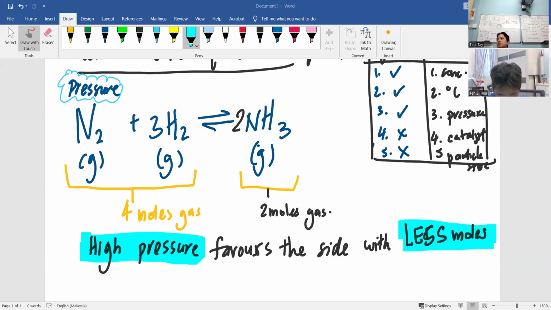All right. High pressure favors the side with less moles.